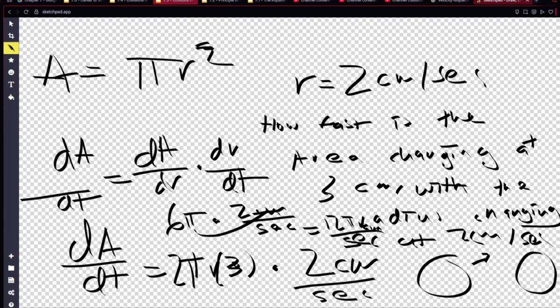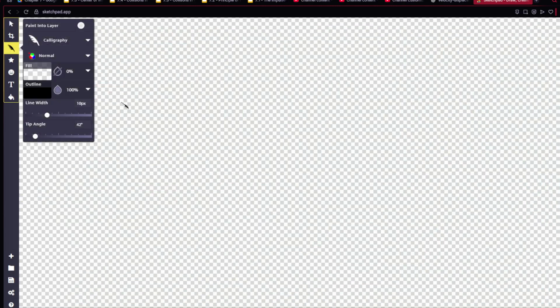I guess we learned that in 7.2, but the derivation of it would be that, remember, impulse, which is force applied over time, is equal to m(vf minus vo).